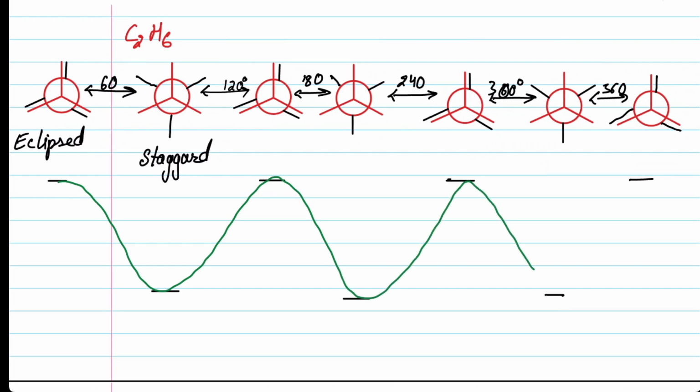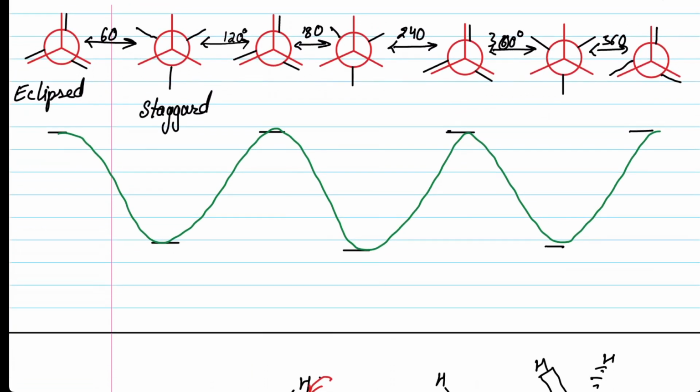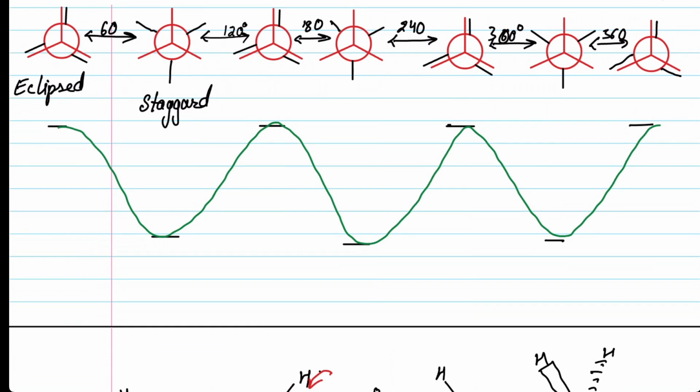So this is the energy conversion when one conformer of ethane shifts over to another conformer of ethane. If instead of ethane we have propane, then we find that propane also undergoes the same kind of energy change.